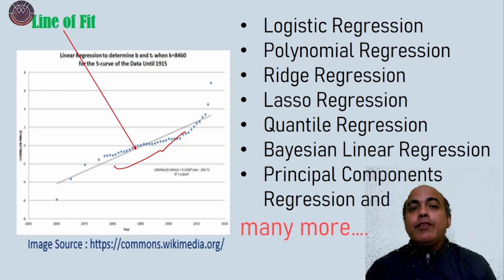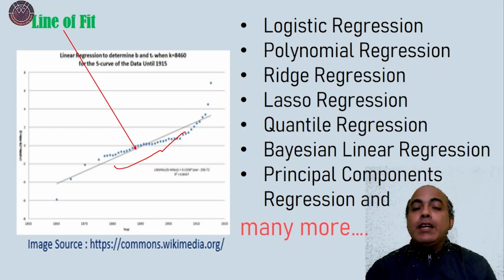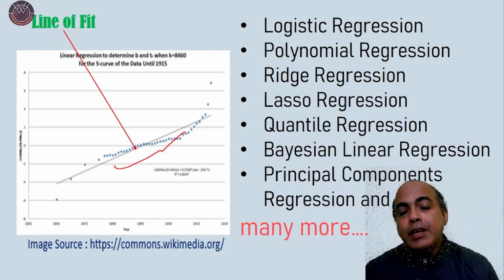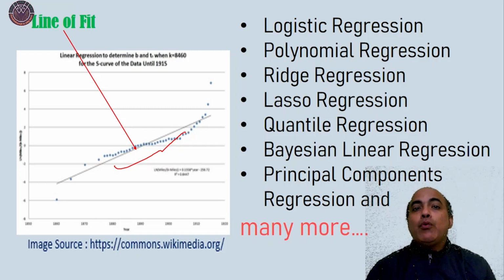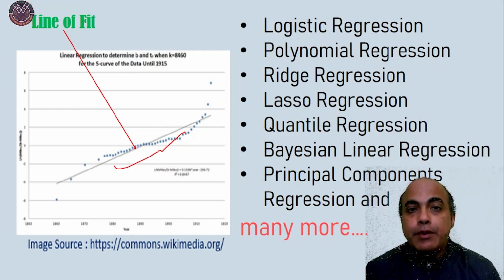Whenever we are talking about regression, when there is one dependent variable and only one independent variable, that is, we are using one independent or predictive variable to predict the dependent variable, or the criterion variable, then it is called linear regression involving one independent variable.